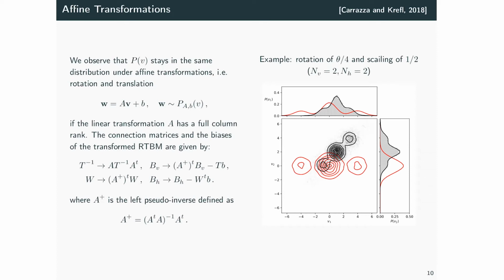So the idea is that you can move to a new space where the training will be simpler to do, and then you can retrieve your result by moving to the original space, and simply apply this transformation law here in order to obtain the RTBM model, which is already trained in the initial space V.